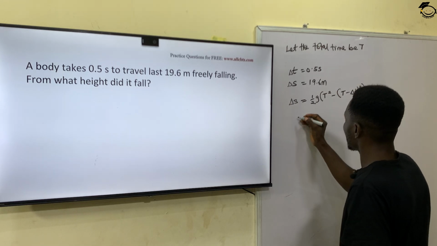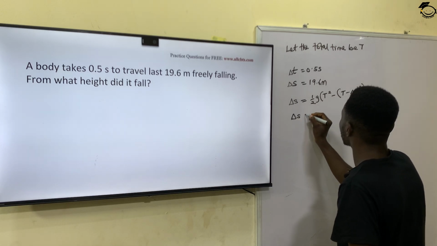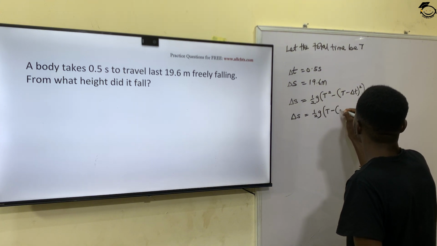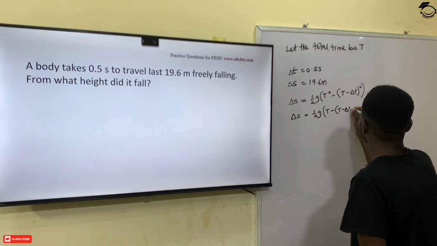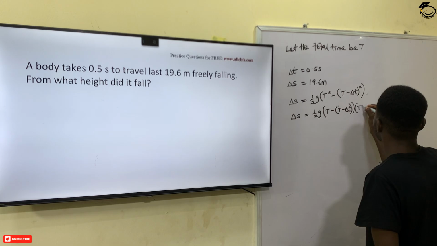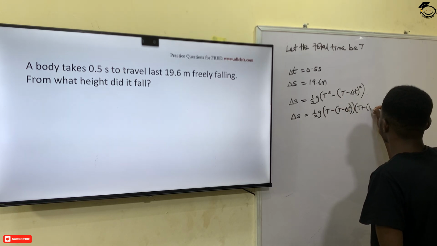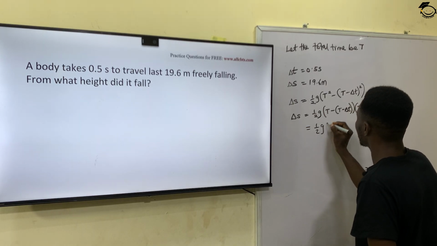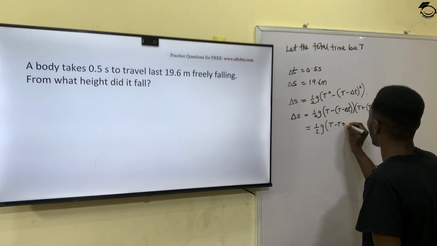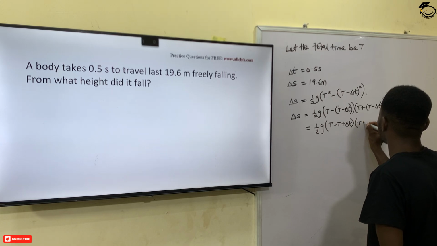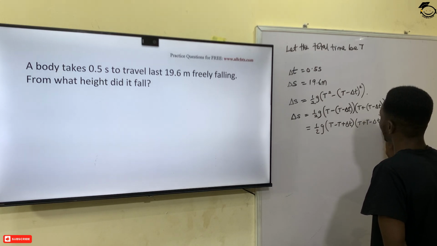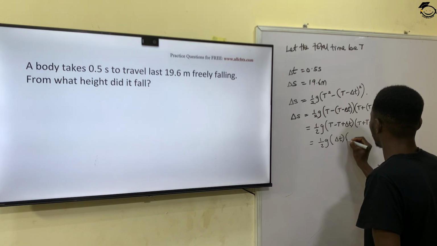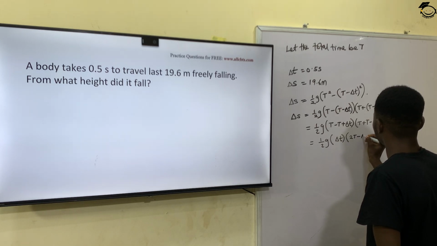If I simplify this, my change in distance is equal to 1 over 2 g in bracket, T minus, T minus change in t, in bracket T plus T minus change in t, because this is a difference of two squares. If we simplify further, this will give me 1 over 2 g in bracket change in t, then 2T minus change in t.